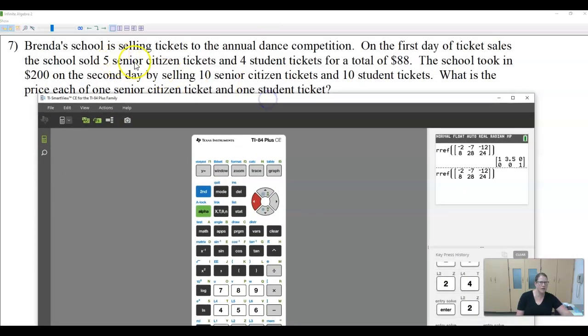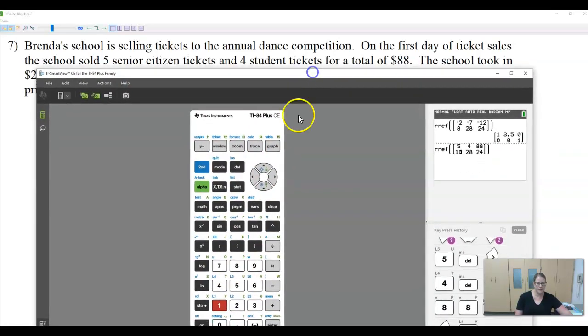So let's look at it again. Yeah, 5. And then 4 student tickets. And for a total of 88. And then the second day we've got 10 of each. For a total of 200. So 10, 10, and 200.